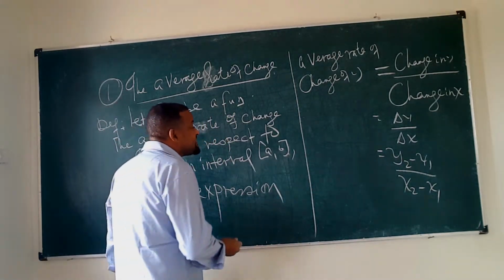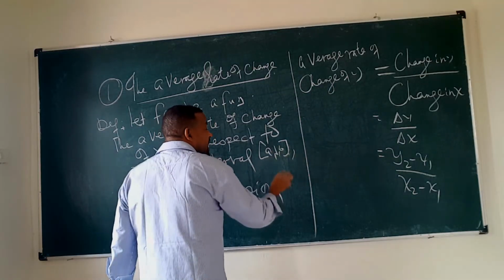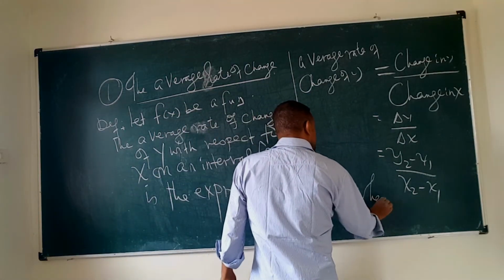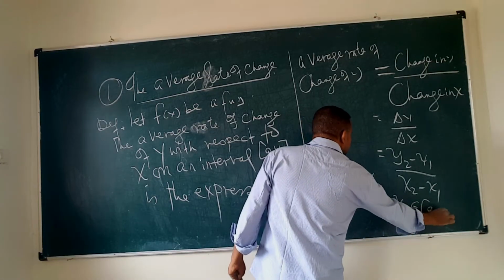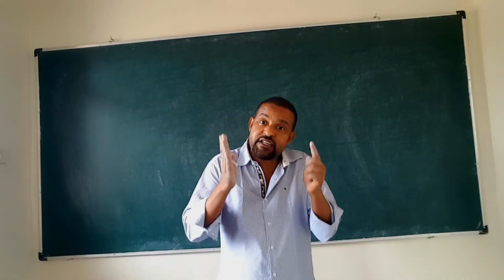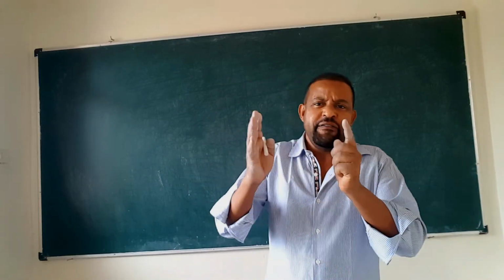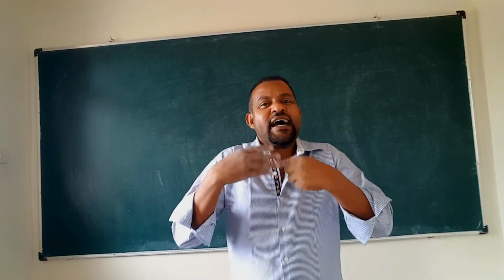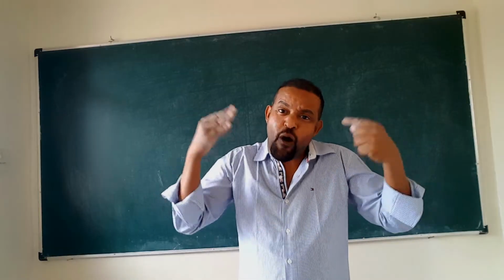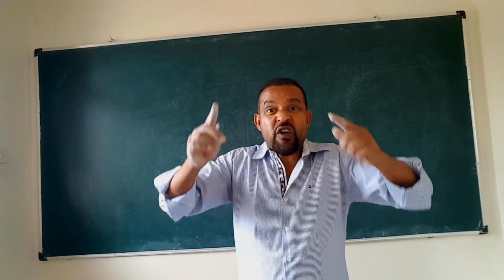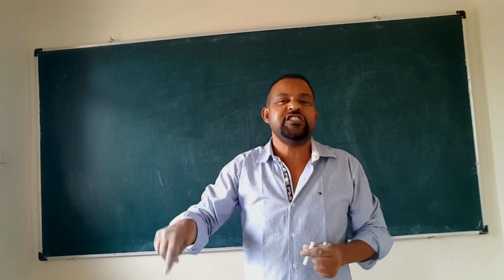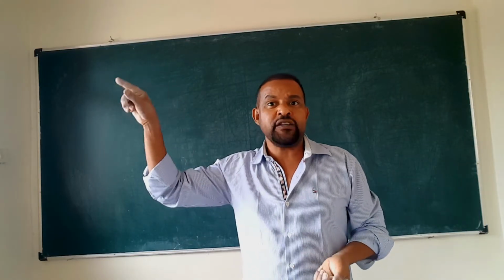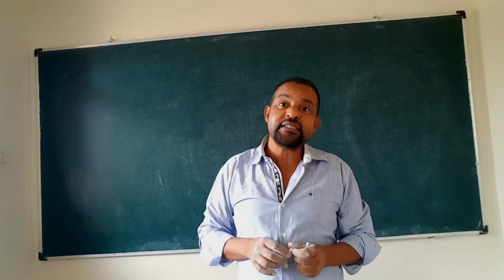But these xi's should come from this interval ab. Now you must be able to hold this definition well. Given a function f of x, the average rate of change of y with respect to x on a given interval ab is change in y over change in x, which is y2 minus y1 over x2 minus x1.